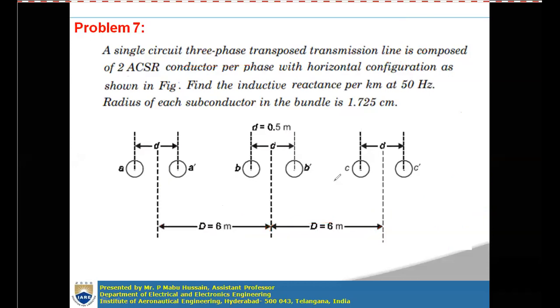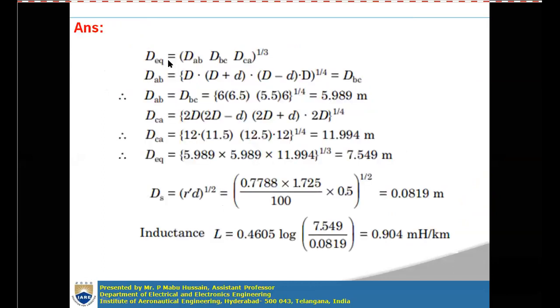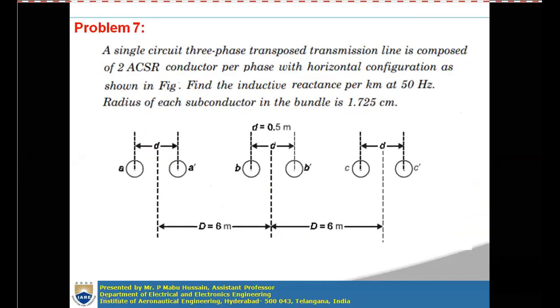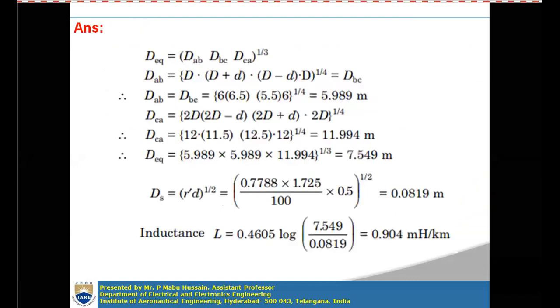Let us see whether the value given here is correct or not. So D equivalent, you are getting 7.549. If you use the previous case also, you will get the same. So they have done this calculation like a double circuit transmission line.